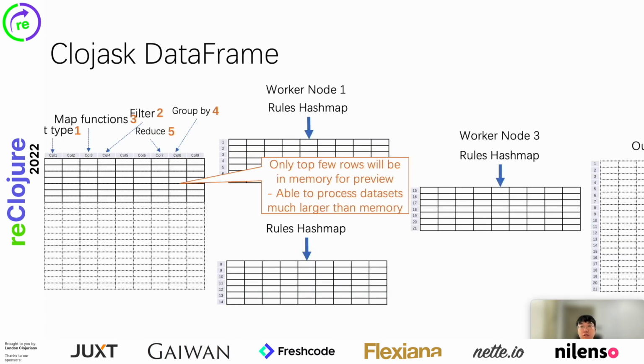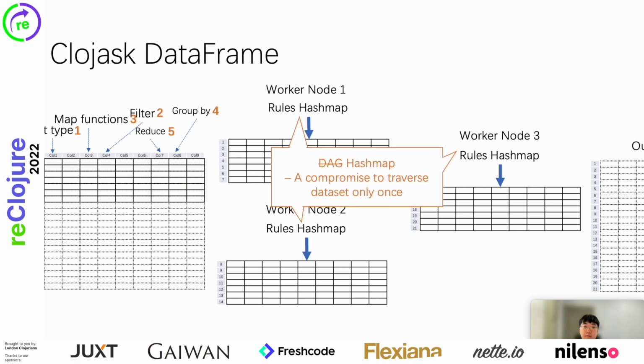Let's go back to the technical decisions. In order for Clojask to support really large datasets, we will only load the top few rows of a dataset in memory for preview purposes. And also, instead of a rules DAG, we will construct a rules hash map, which will do less than a rules DAG.